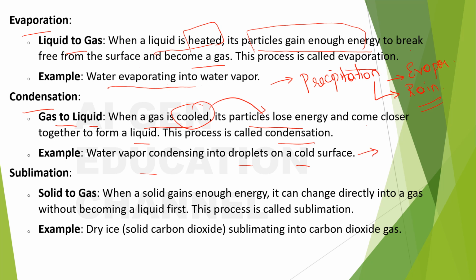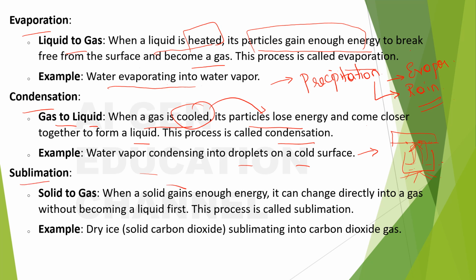The popular example is, if you put some water on the stove, and when there is steam coming from there, if you put a plate, you can find that this water vapor will turn to droplets on the surface. This is called condensation.